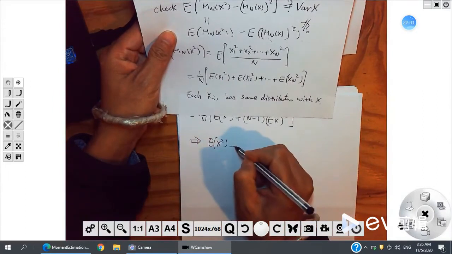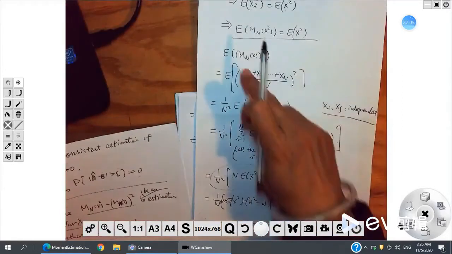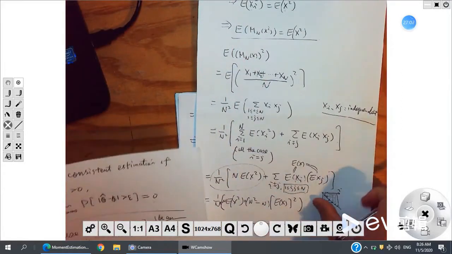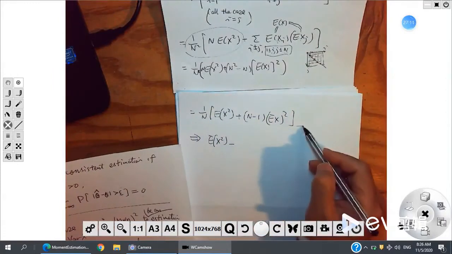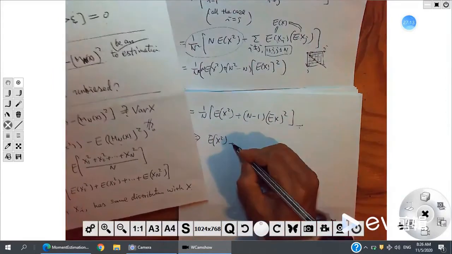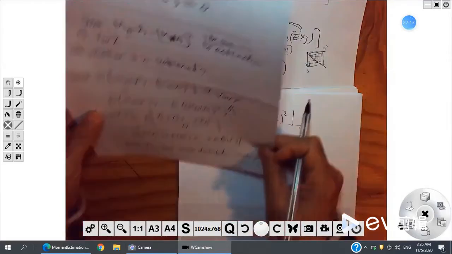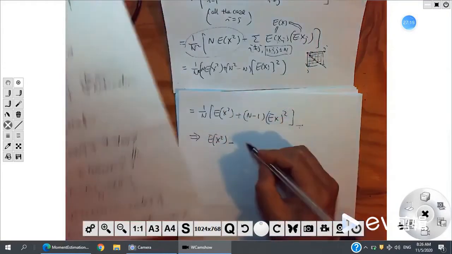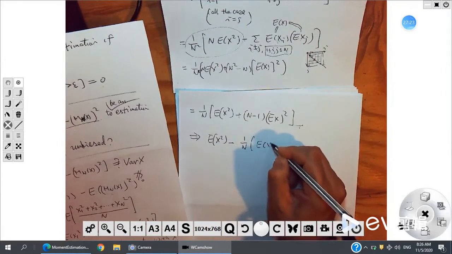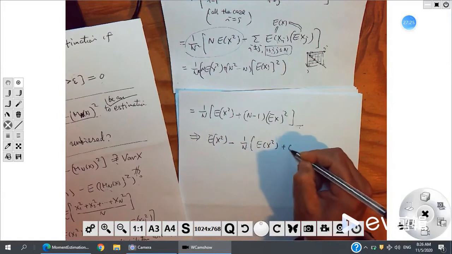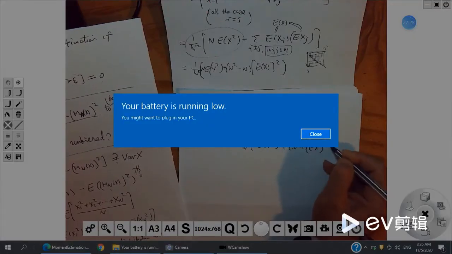Then minus E of the squared sample mean, which equals this one: 1 over n times E of x squared plus n minus 1 times E of x squared.